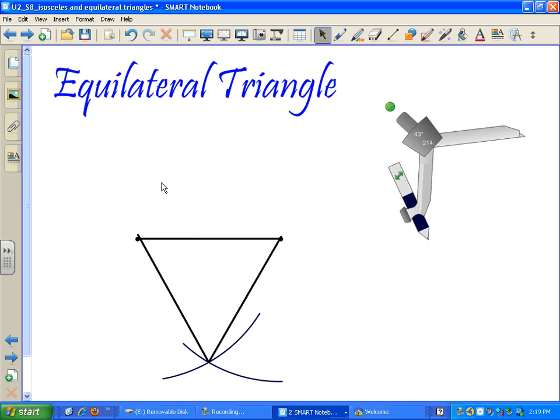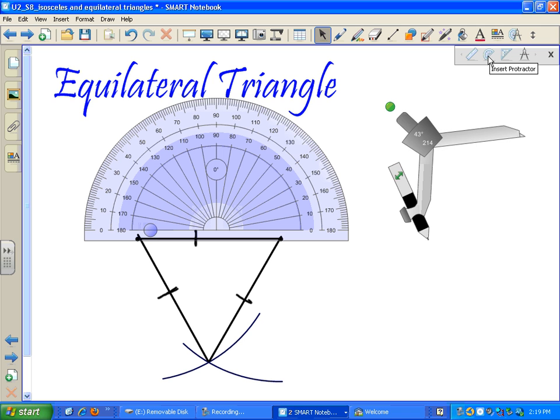So since we've constructed an equilateral triangle, we know that this side and this side and this side are all congruent. Now, take your protractor out and measure each angle. Actually, I don't even need to measure each angle. Let's think about what we've learned in terms of the angle measurements and the side relationships in triangles.